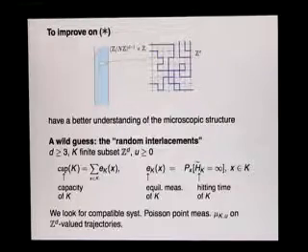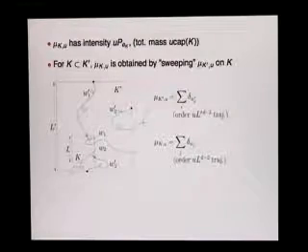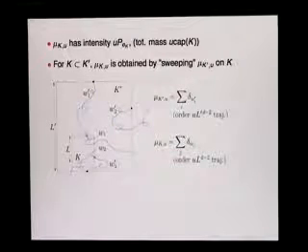So if we keep u fixed, here are the two constraints that we have. The first is that the mu_{K,u} is going to be a Poisson point measure with intensity, so this is the so-called intensity measure.